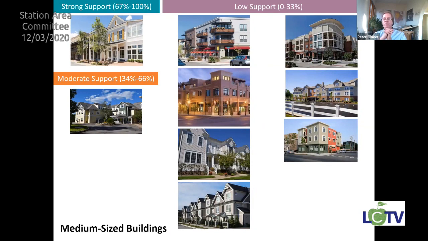So here we have low support for these suburban style townhouse type buildings, more urban style brick buildings, and a lot of support for buildings that look like they could have been built 150 years ago, especially ones with a lot of vegetation and a nice pedestrian space out front.